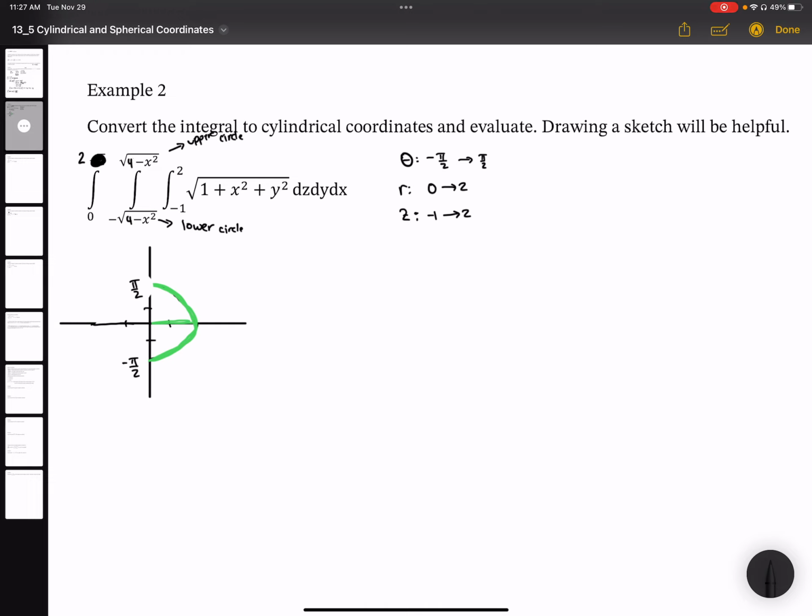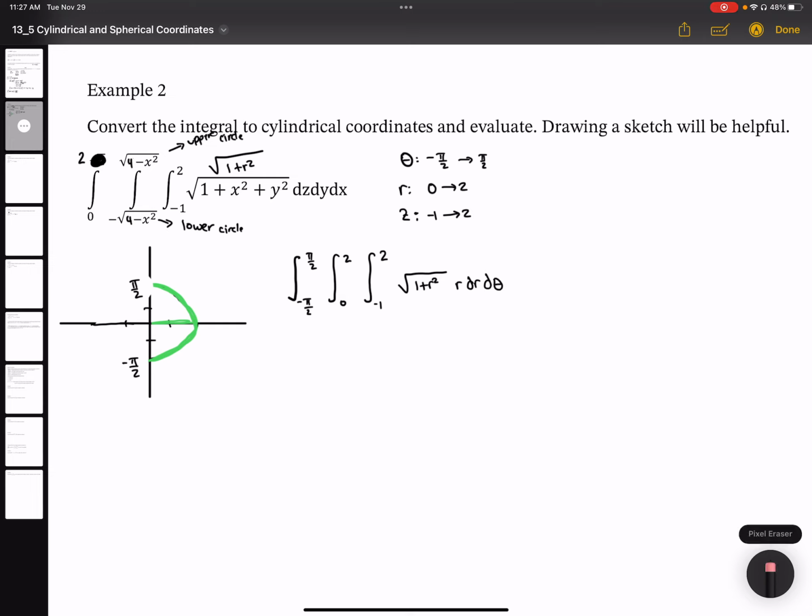So when we write our integral, we're going to have the integral from negative pi over 2 to positive pi over 2, then an integral from 0 to 2, and then an integral from -1 to positive 2. And the square root of 1 plus x squared plus y squared is the same as the square root of 1 plus r squared. So we're going to have the square root of 1 plus r squared r dr d theta.